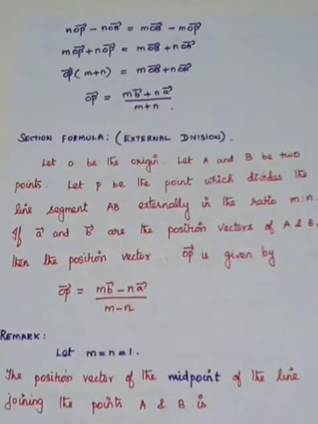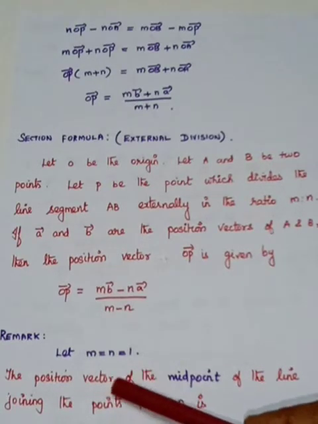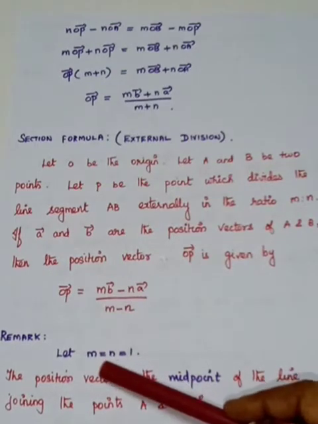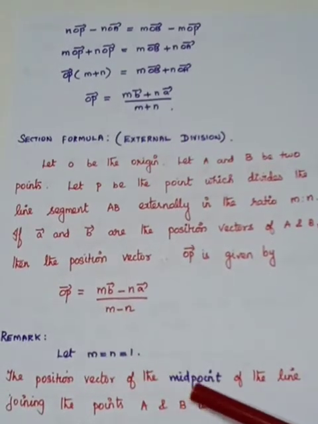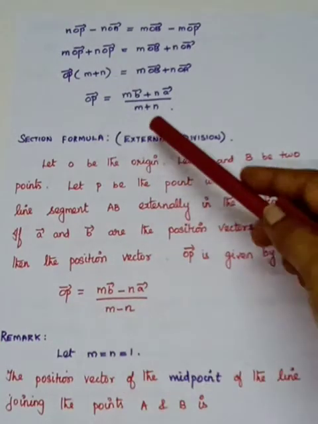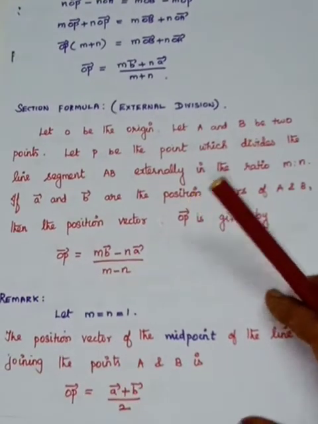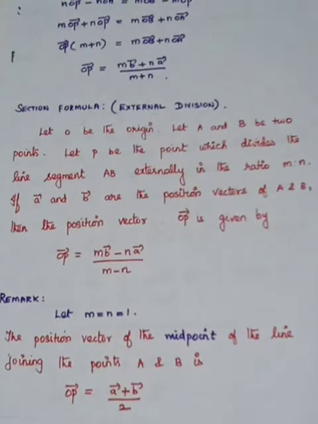Therefore, the position vector of the midpoint of the line joining the points A and B: P is the midpoint because it divides in equal ratio. So OP vector is equal to A vector plus B vector by 2.